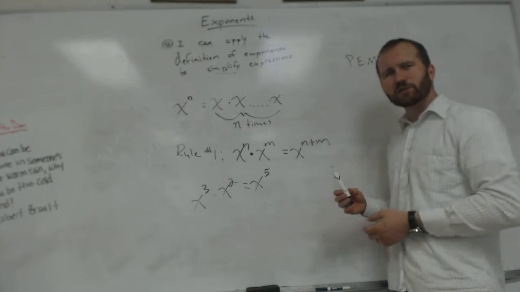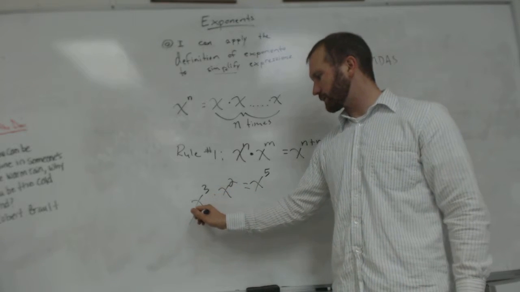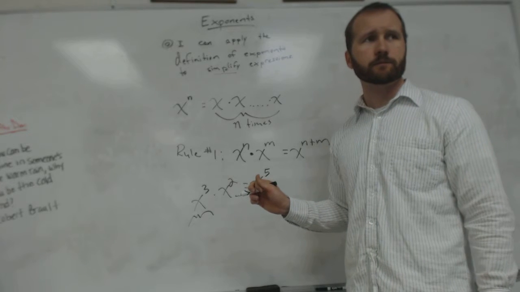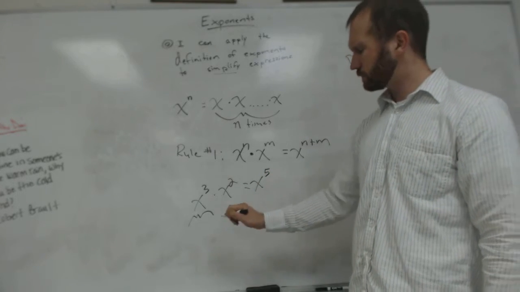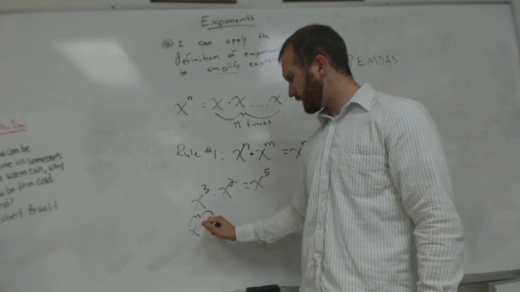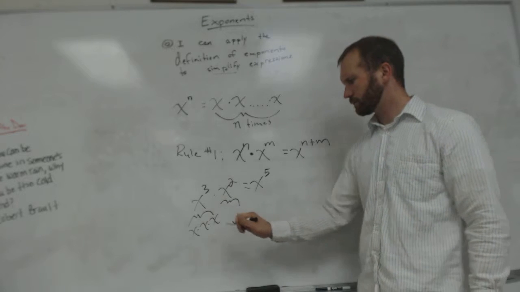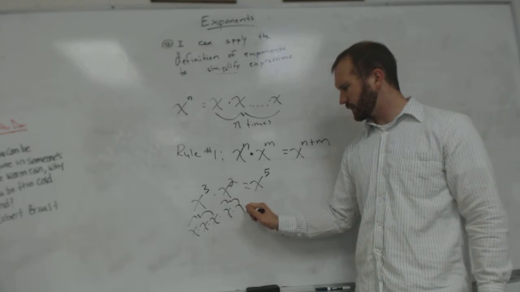X to the 5th is x to the 3rd times x to the 2nd. But why is that true? Well, let's think about what x to the 3rd means. What does x to the 3rd mean? X times x times x. And what does x to the 2nd mean? X times x. Yeah, x times x.